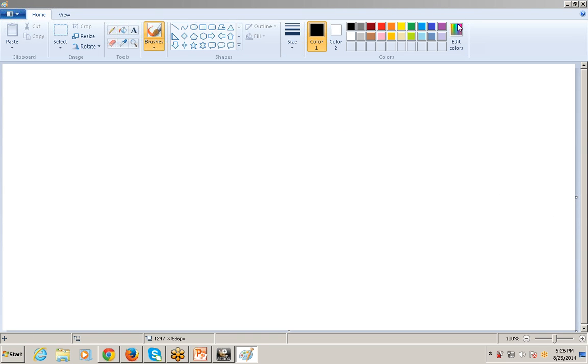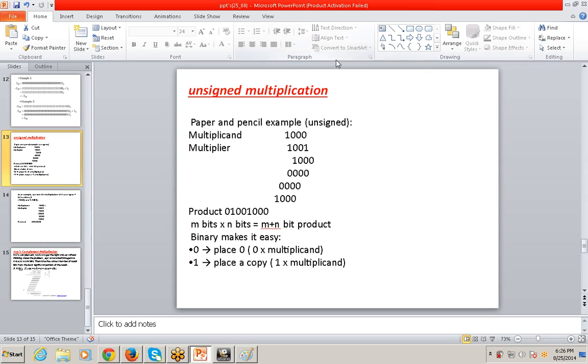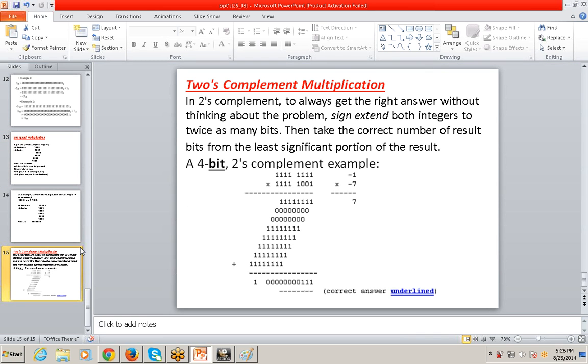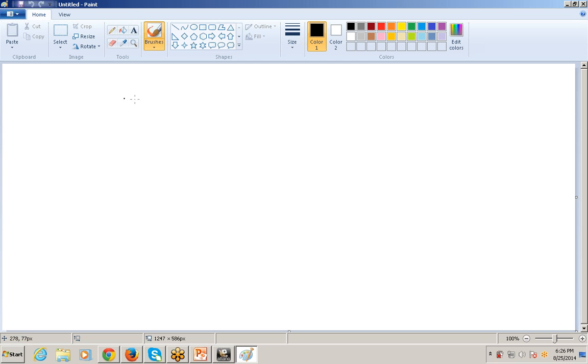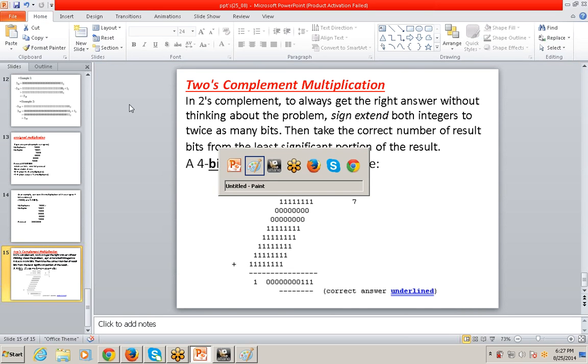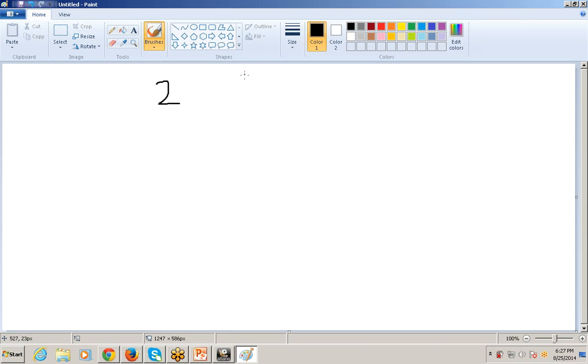Now, next is what is the step for calculating the 2's complement multiplication. In the same way, but the main difference is that now the numbers are in negative terms. Suppose I have to multiply 2 with 4. So first of all convert 2 into binary.